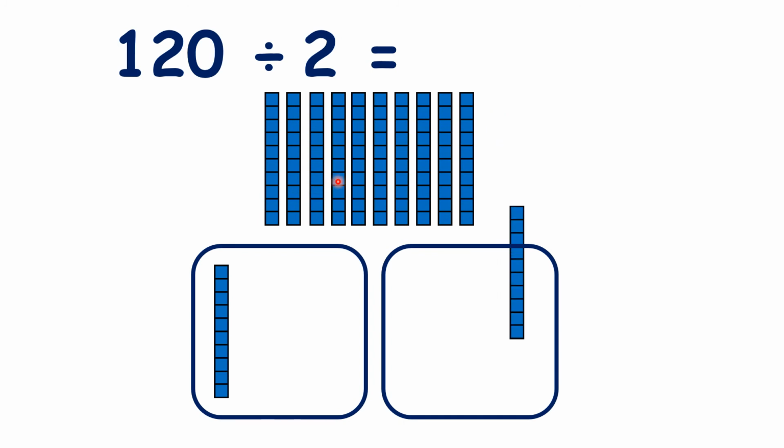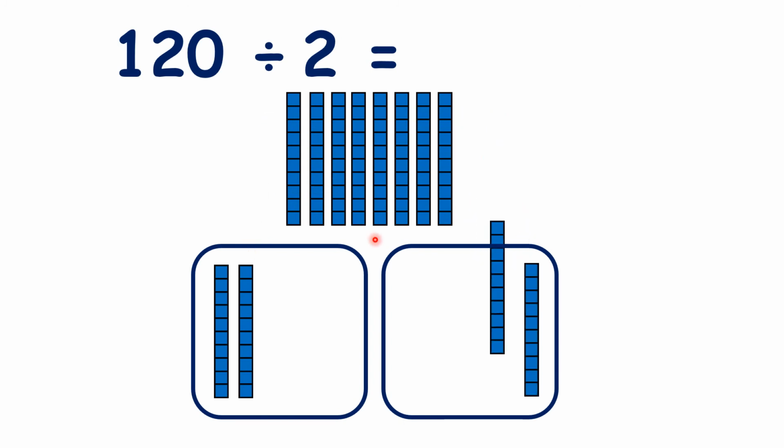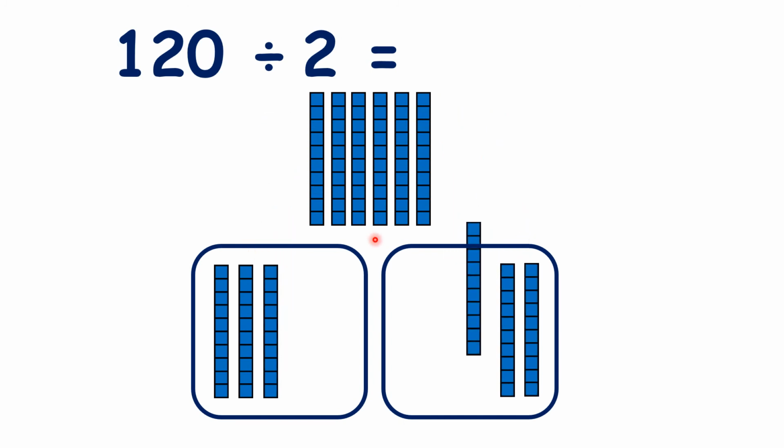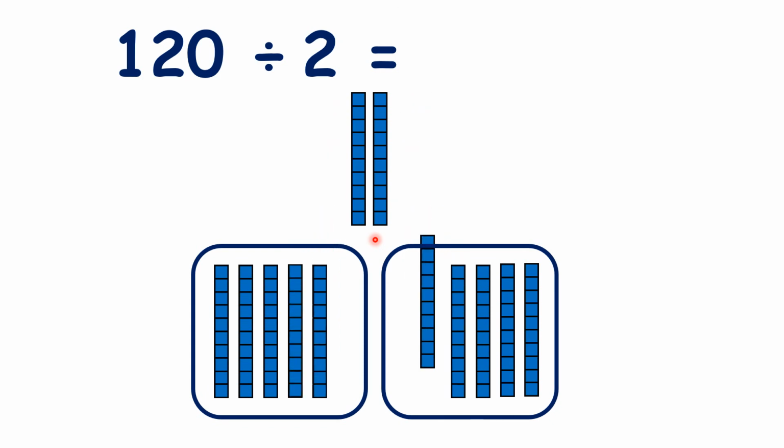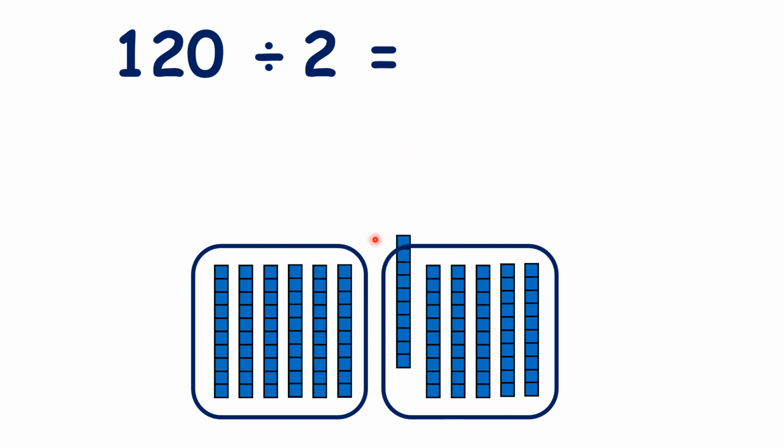That now gives us 12 tens altogether, and we can see that when we share out those 12 tens, when we share out 120, we have 6 tens in each group, so 120 divided by 2 is 60.